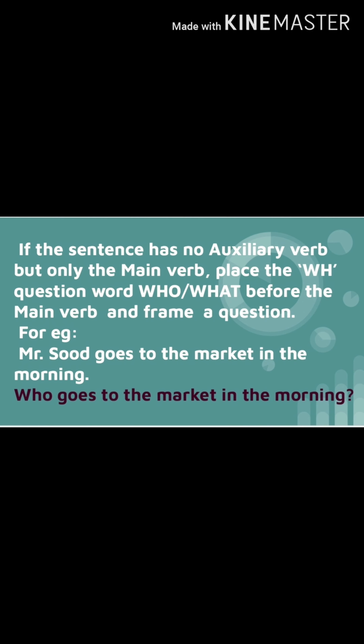Now placing the WH question word who before the main verb, we frame a question like this. Who goes to the market in the morning? The answer we get is Mr. Sood. Therefore, Mr. Sood is the subject and goes to the market in the morning is the predicate.